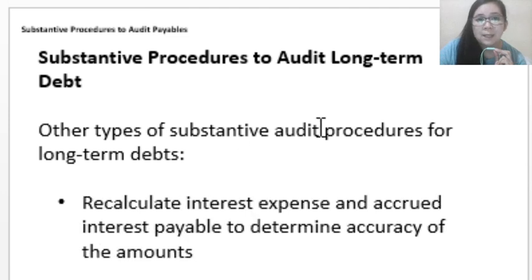And lastly, the auditor can also recalculate the interest expense or accrued interest payable to determine if they are computed properly and accurately. These are the different substantive procedures that the auditor can perform in auditing the long-term liability of the entity.